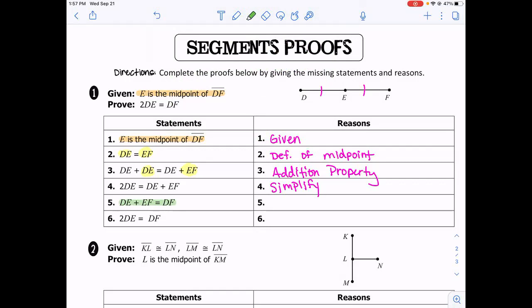DE plus EF equals DF. Where is that coming from? So let's look at the picture. DE plus EF. Two pieces added together equal the whole segment. That is the segment addition postulate.